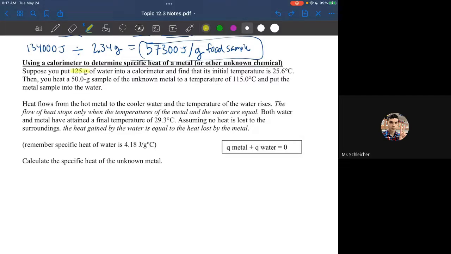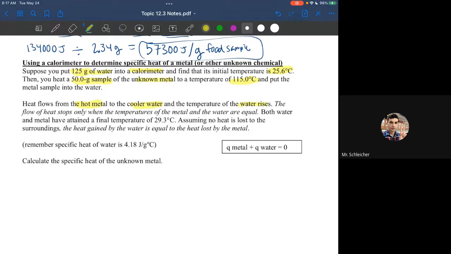Suppose you put 125 grams of water into a calorimeter and find that its initial temperature is 25.6 degrees Celsius. Then you heat a 50-gram sample of the unknown metal to a temperature of 115 degrees Celsius and put the metal sample into the water. Now, the heat is going to flow from the hot metal to the cooler water, and the temperature of the water will rise.